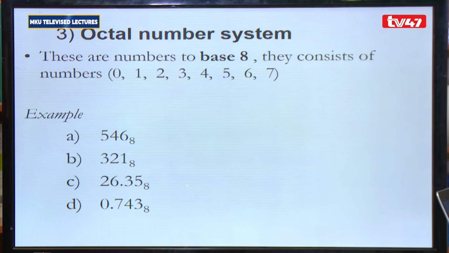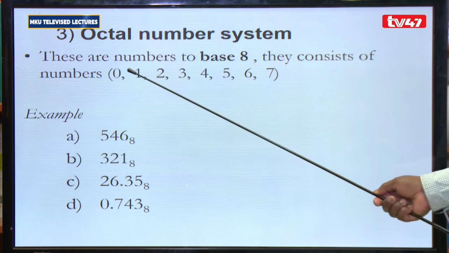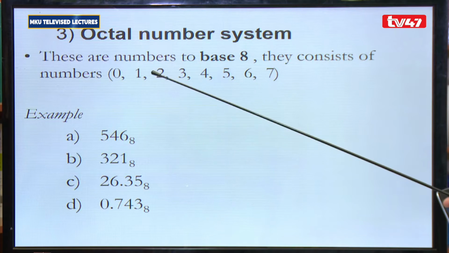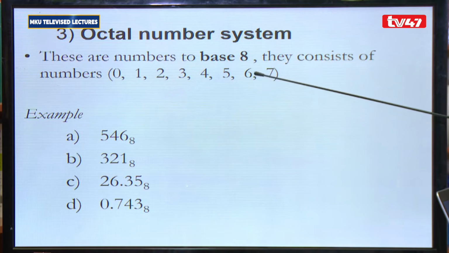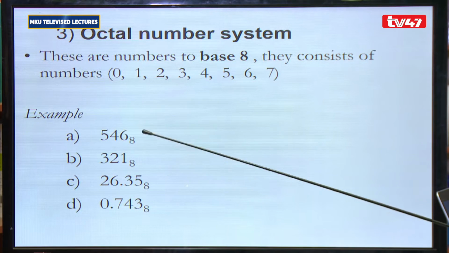We also have an octal numbering system. Octal numbers are numbers to base 8, and they consist of the numbers from 0 to 7, a total of 8 numbers. Any number that you form as a result of a combination of these 8 numbers, 0 to 7, qualifies to be an octal number, so long as it is under base 8.